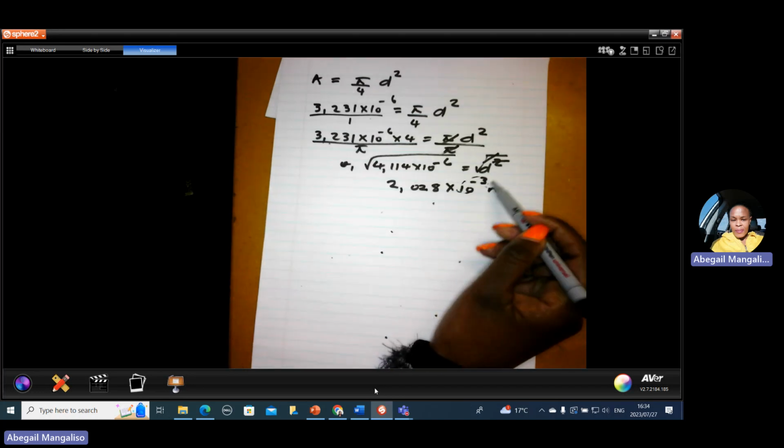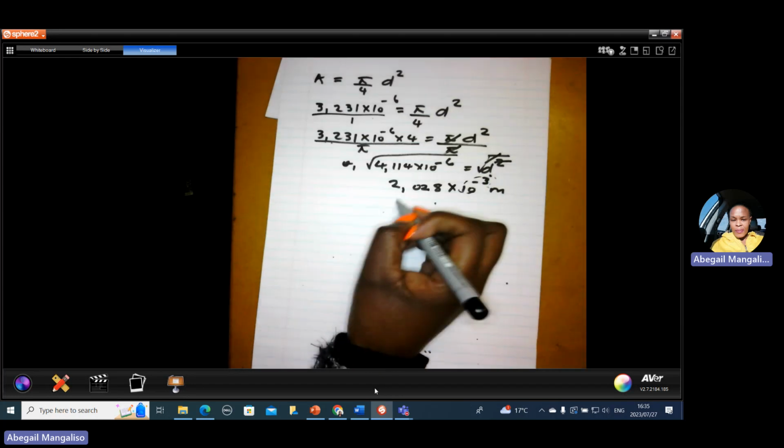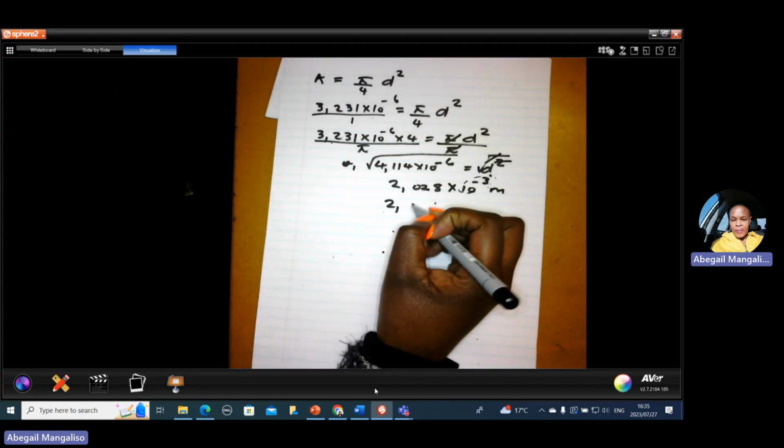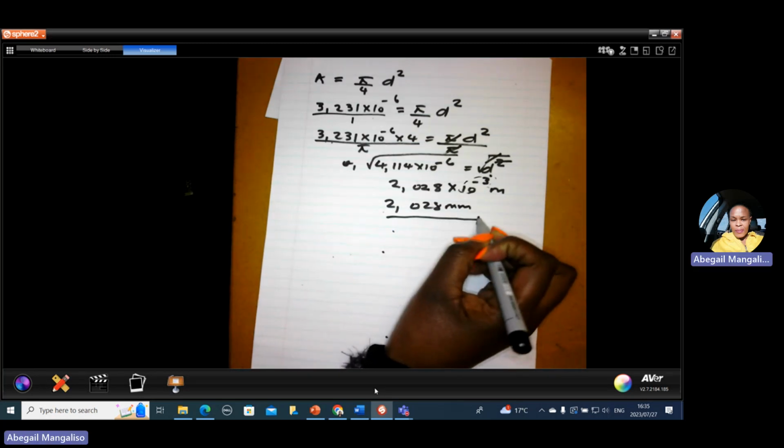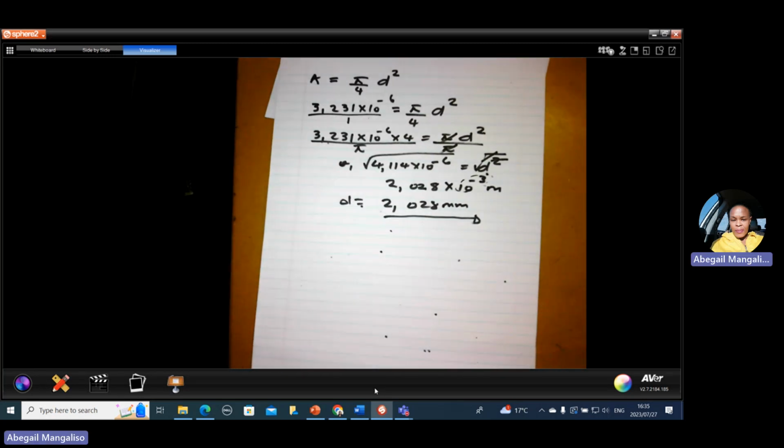And 10 to the power minus 3 stands for milli. So this is 2.028 millimeters. That is the diameter in millimeters. Next question.